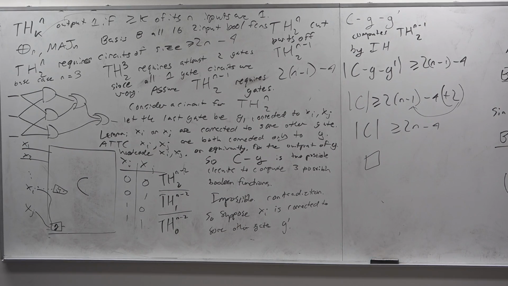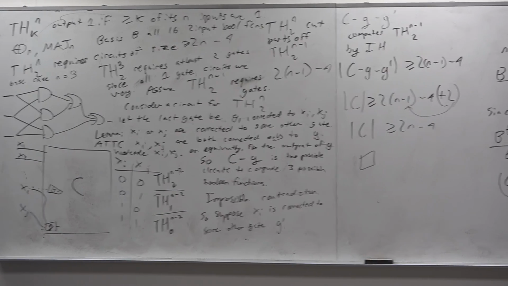I don't know if that's optimal, but that sounds reasonable. That's not even a very good lower bound if you think about it. It's a linear lower bound, which we basically said at the beginning, right? So, yeah. Question on this technique?